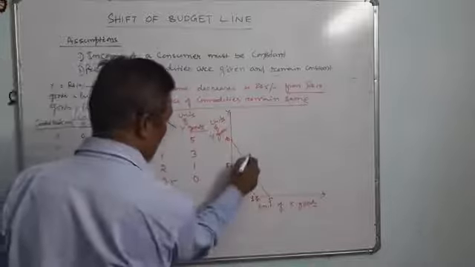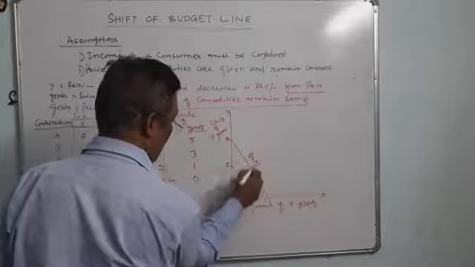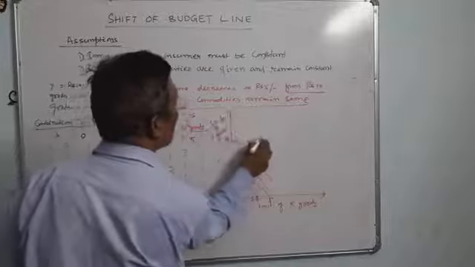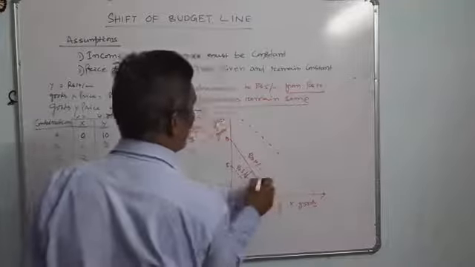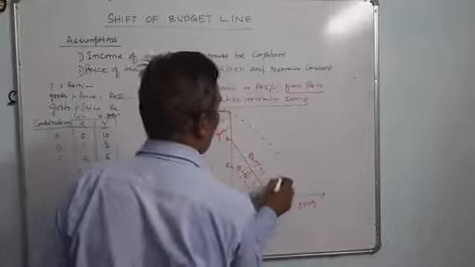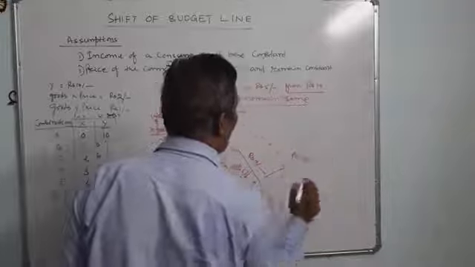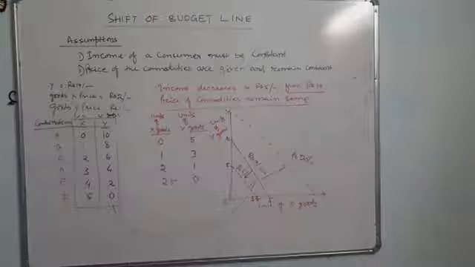This was the budget line for rupees 10 and this is the budget line for rupees 5, and previously that was the budget line. It shifts for rupees 20. Remember, it should be parallel.